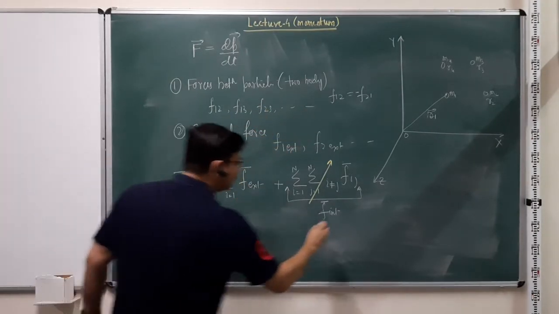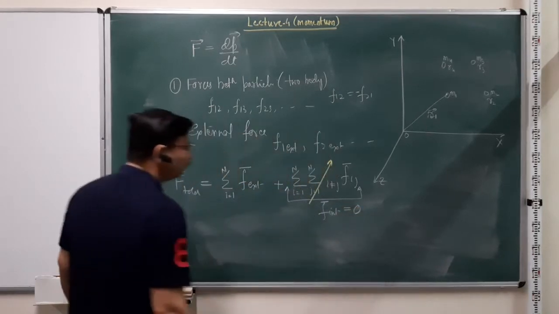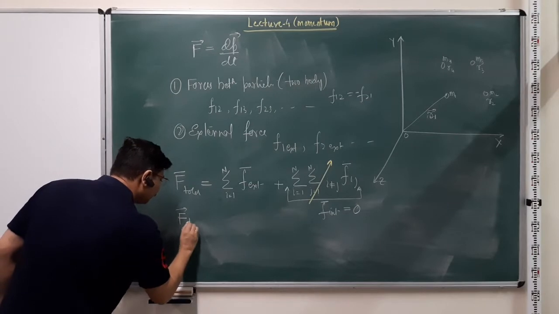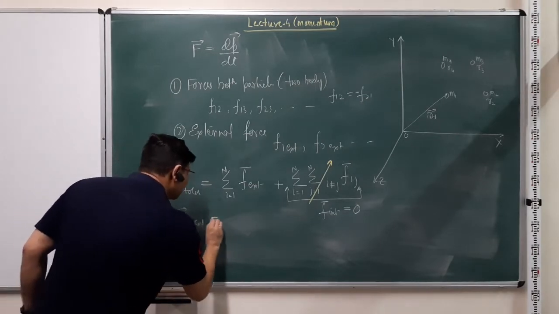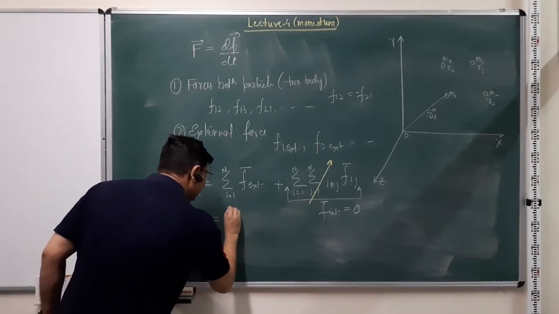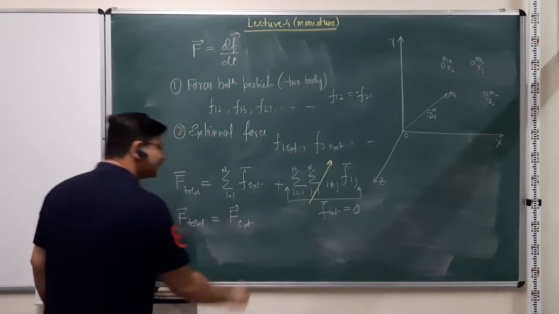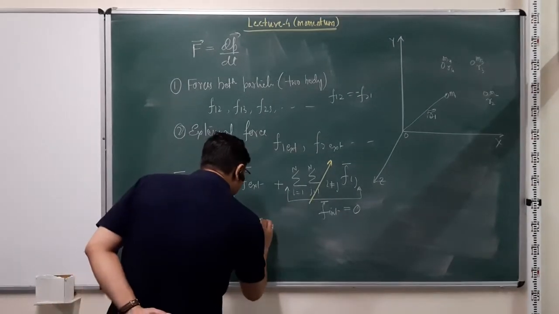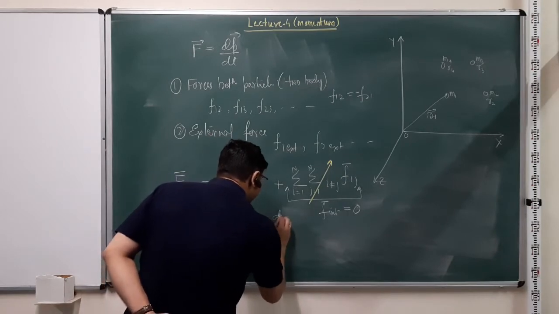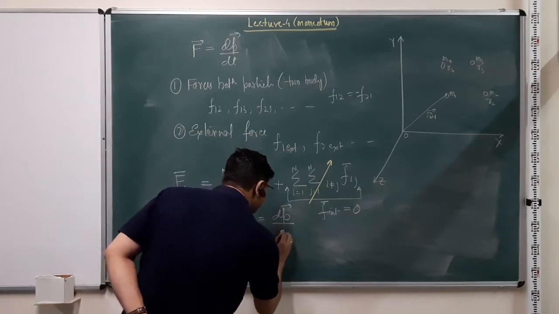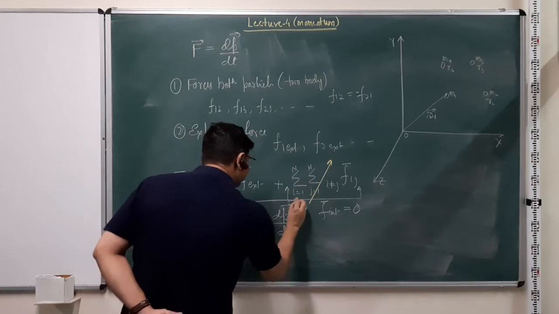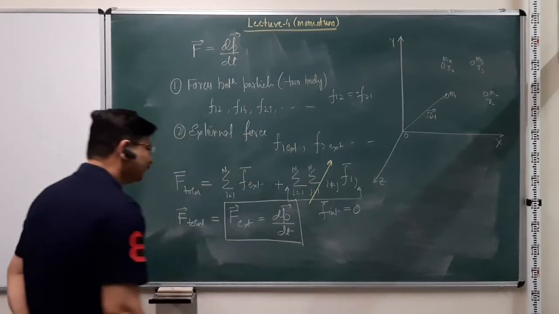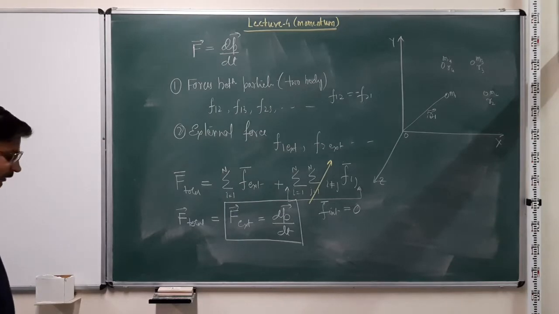So total F internal is actually 0 for any system of particles, and what that gives us is F total is then basically just the total F external. So it's only the external force which affects motion of the system, and now this is then dp over dt. So this is a very important result, which I think I also mentioned when we were discussing force.